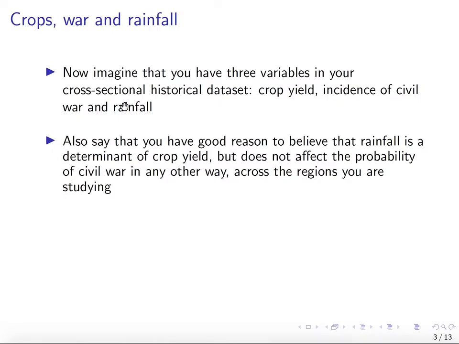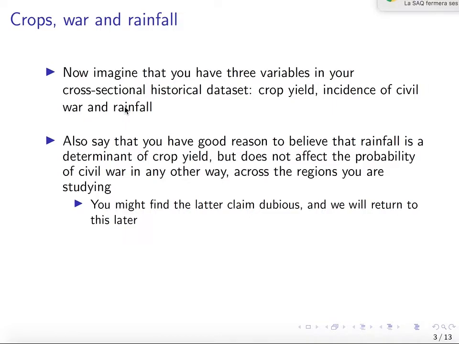This means that you're going to have a data set in which you have regions with high levels of rainfall on average, and regions with low levels of rainfall on average. You think that this is completely uncorrelated with civil war, but is absolutely correlated with crop yield.